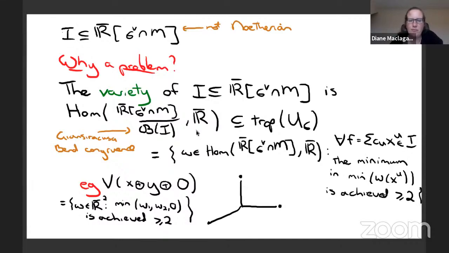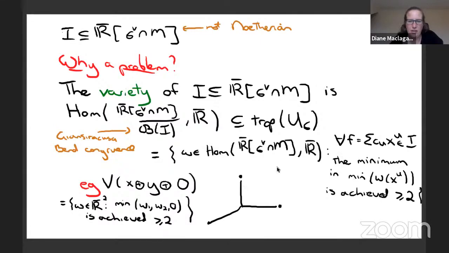That is perhaps best seen in an example. If I was looking at x tropical plus y tropical plus 0, then the W should be R bar squared because we only care about where x and y go.